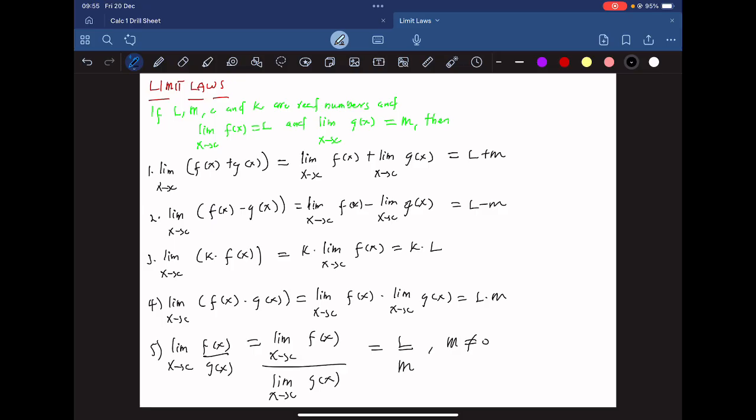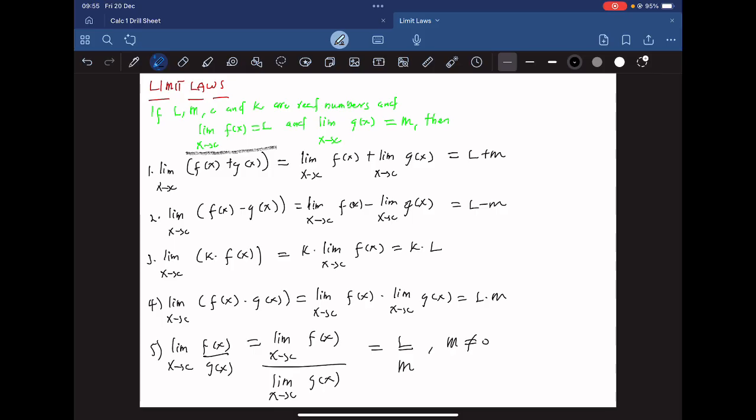Now, let's look at a theorem. If L, M, c, and k are real numbers, then we can have the limit as x approaches c of f of x equal to L, and the limit as x approaches c of g of x equal to M. Then we have these properties.